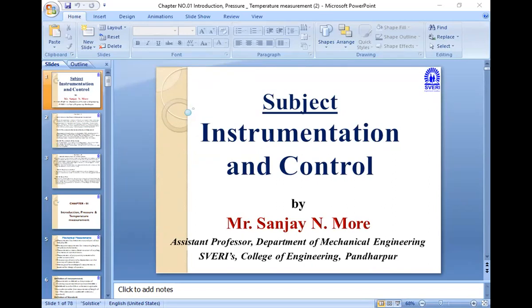Thermometer and thermocouple are completed. So today we have started the RTD. RTD means resistance temperature detector. The range of this instrument is -200 degrees Celsius to 500 degrees Celsius.